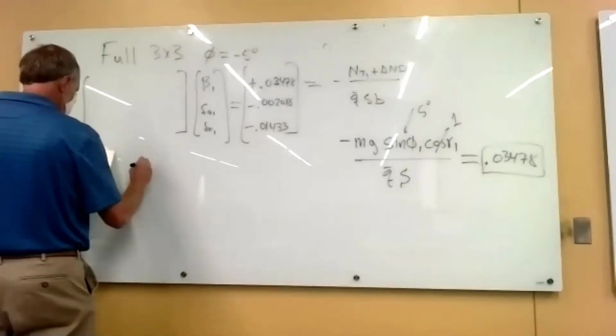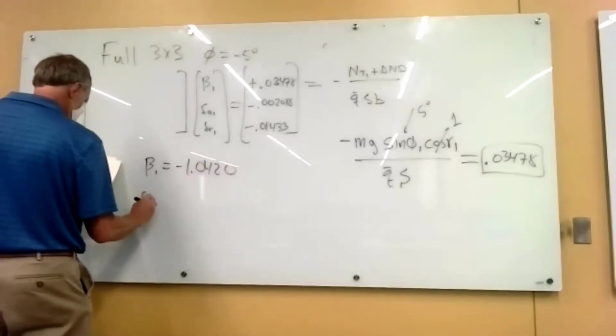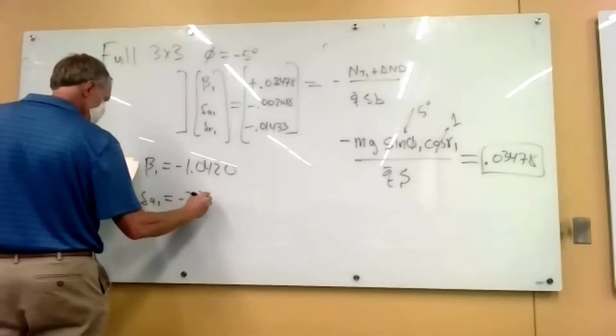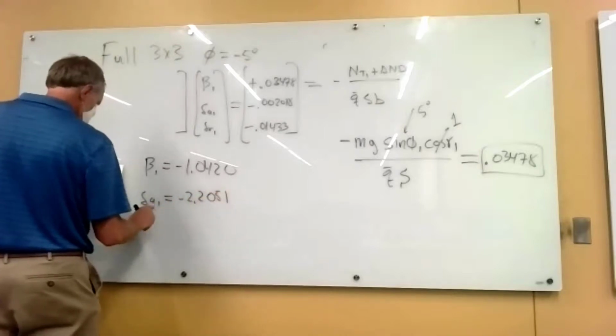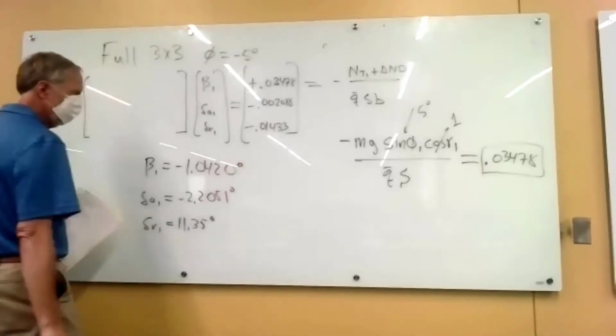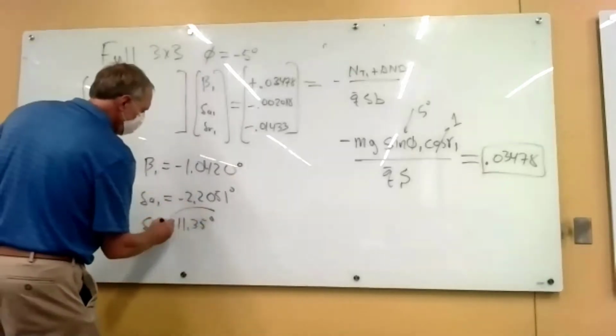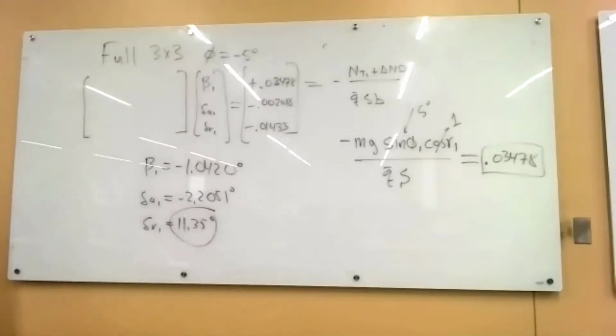So we get a beta of minus 1, ailerons of minus 2.2051, and a rudder of 11.35 degrees. So if you allow that bank angle, the side force due to being banked actually helps you counteract part of the yawing moment because it generates some sideslip that then helps you balance the yawing moment. And this is pretty close to that 14 degrees that we predicted with the approximation.